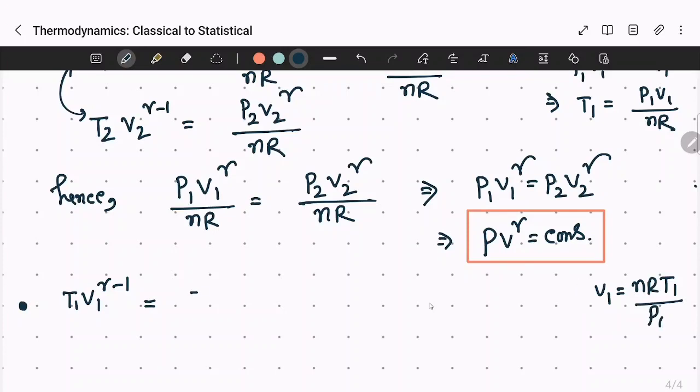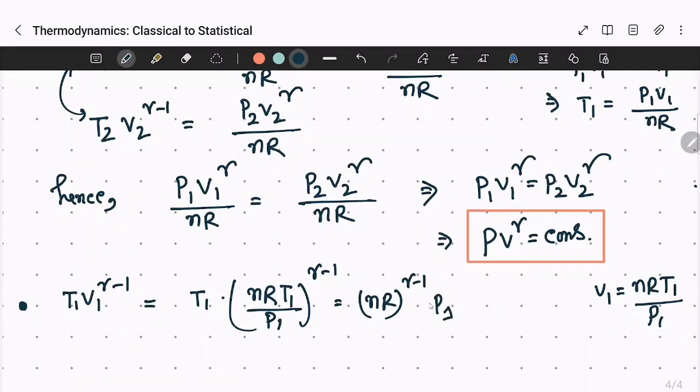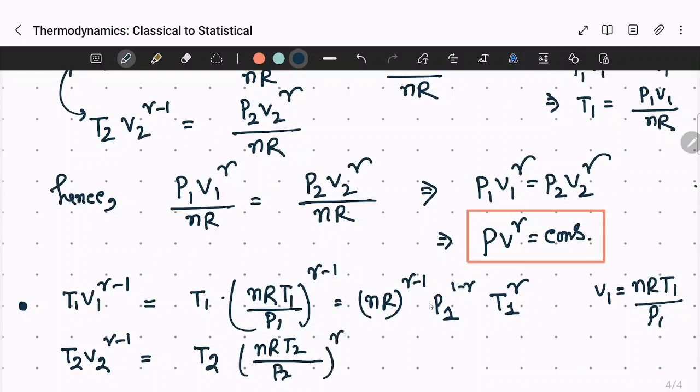So if you put it here, you can write T1 into nR T1 by P1 to the power gamma minus 1. That means nR to the power gamma minus 1, P1 to the power 1 minus gamma, and T1 to the power gamma. And similarly, you can write T2 to the power gamma minus 1 as T2 into nR T2 divided by P2 to the power gamma minus 1.